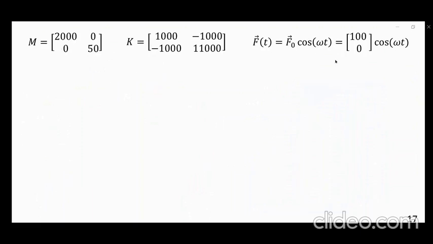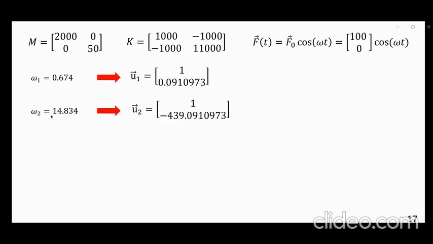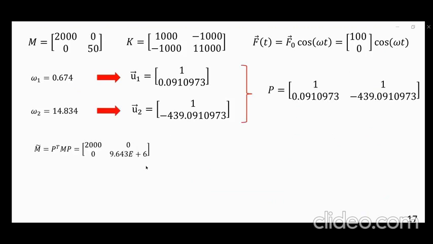Now here is the stuff that we did. These are the same numbers that we used in the earlier example with the quarter model of the car. This is the load being applied to mass 1, which is why the second component is 0. Omega is the driving frequency, which I believe is 1. We found the first natural frequency and first mode, the second natural frequency and second mode, and put them in the matrix P to get the modal matrix.